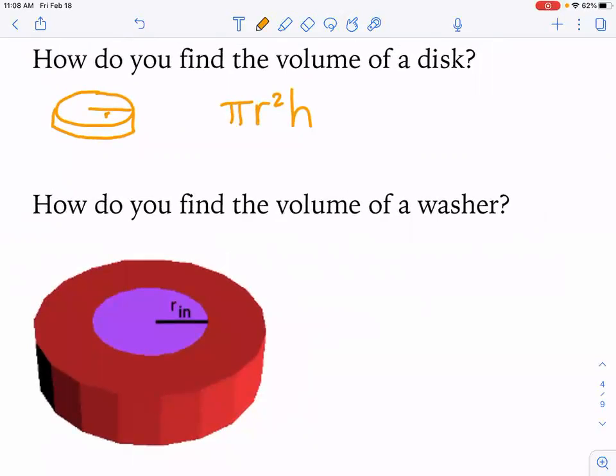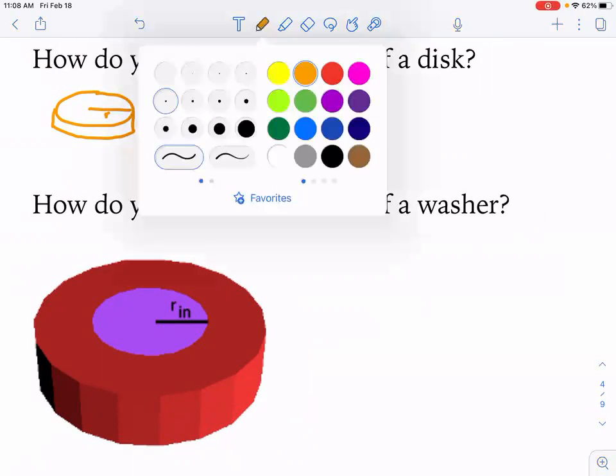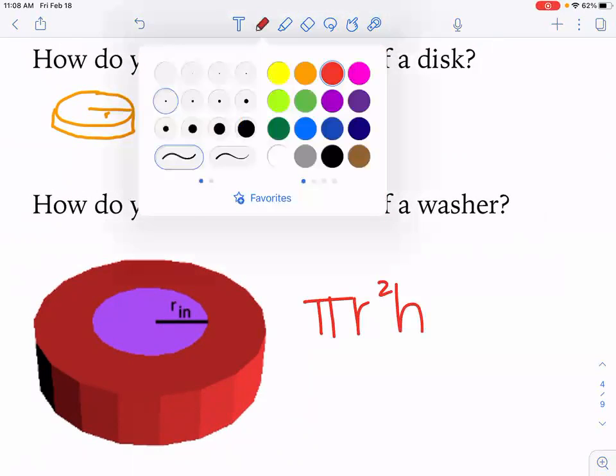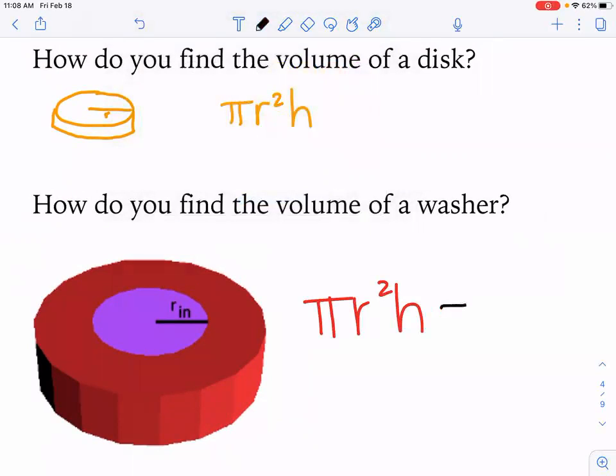How do you find the volume of a washer? Okay, so pi r squared h minus pi r squared h. So we take the big disk and we subtract the small disk, AKA the hole in the middle. Yes.